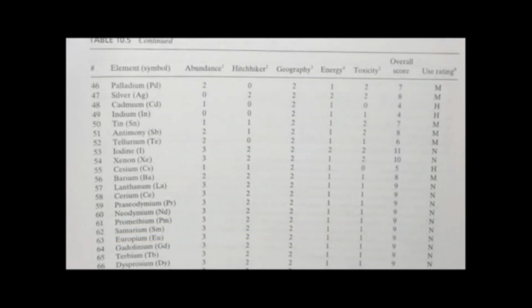So let's go back to the table and look at silver, which is number 47, right? So you see various scores. It's got an overall score of 8. So there are moderate supply limitations. So you can use the overall score as an indication of whether that particular material from a multi-parameter standpoint is appropriate to use, or should you go back and look for other materials.